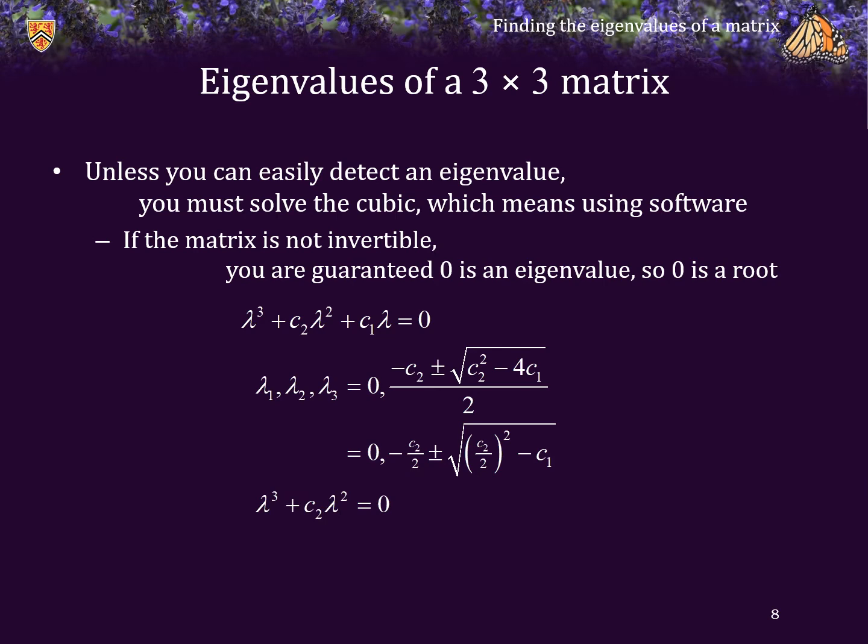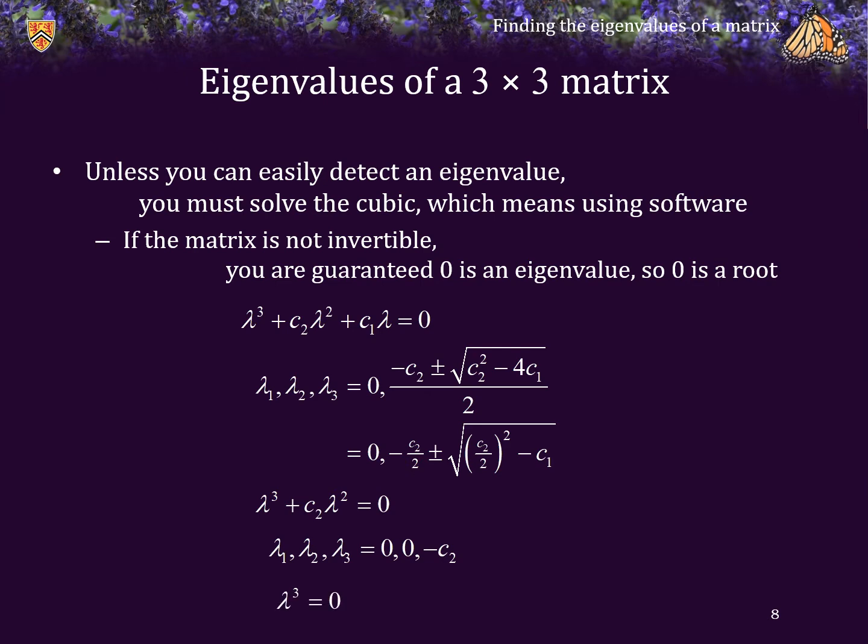On the other hand, if C1 is also equal to 0, that means we have two 0 eigenvalues, and consequently the third eigenvalue is just negative C2, whatever that coefficient worked out to be.